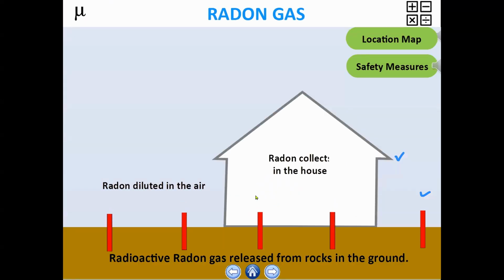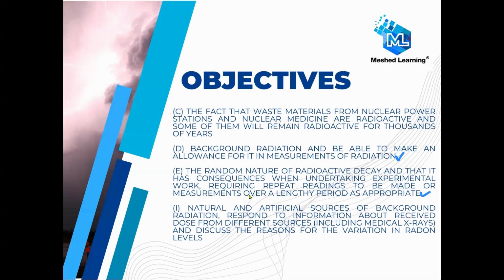So we mentioned earlier about radon gas, right? So we're going to look at natural and artificial sources of background radiation to try and start understanding how dangerous is this stuff.